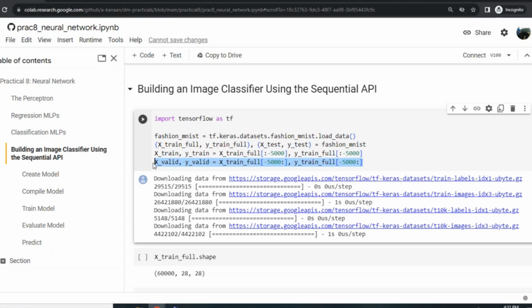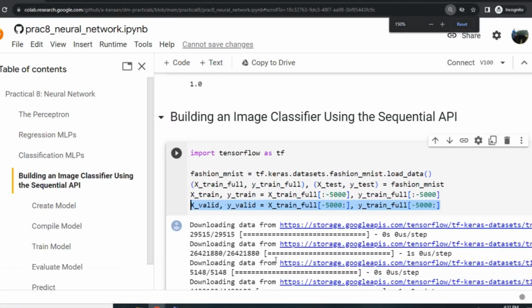So here, what is the size of the validation set? Anybody can tell? Just looking at this line, even if you don't know the size of the full training data. Yeah, exactly, 5,000. So here we're taking the last 5,000 pictures from the fashion MNIST training set to be the validation set.